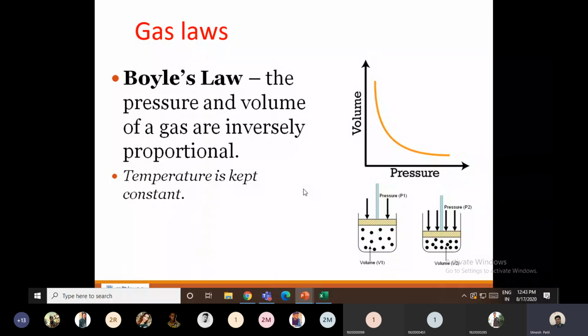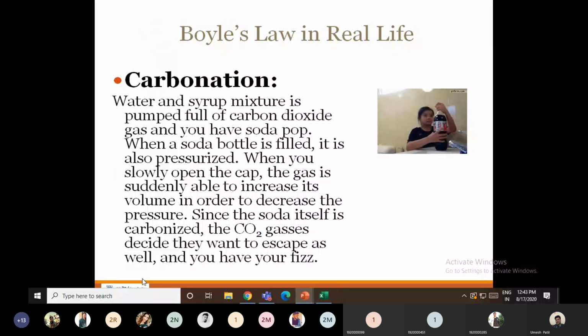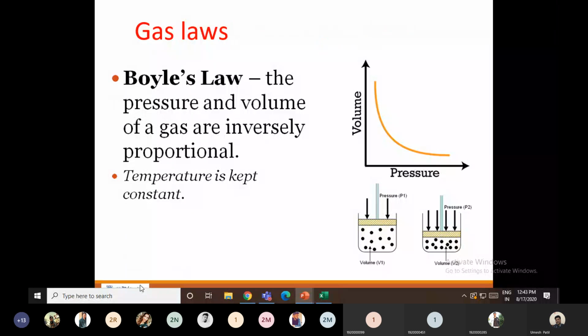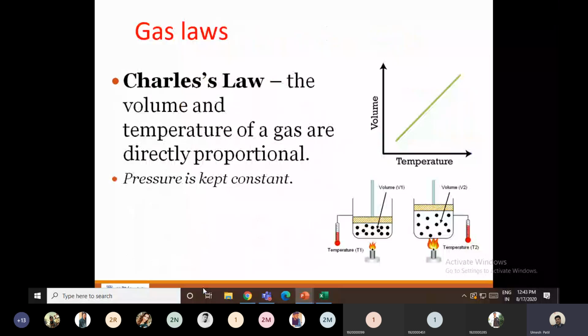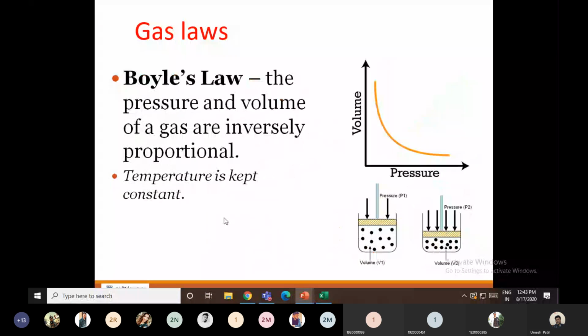So in the previous session, we started various gas laws, and these gas laws basically give the relation between pressure, volume, and temperature. In the last session, we discussed Boyle's law. Boyle's law gives the relation between pressure and volume.